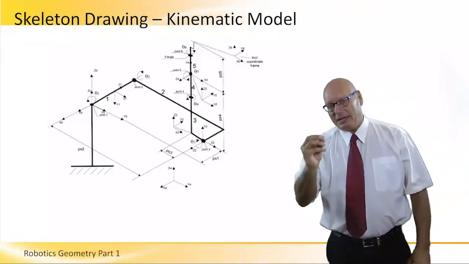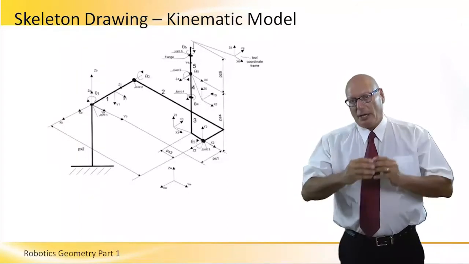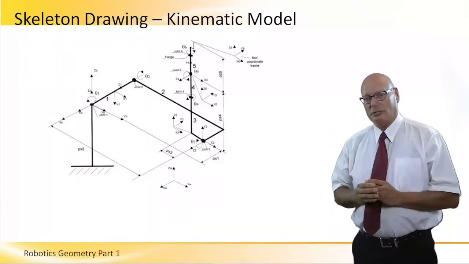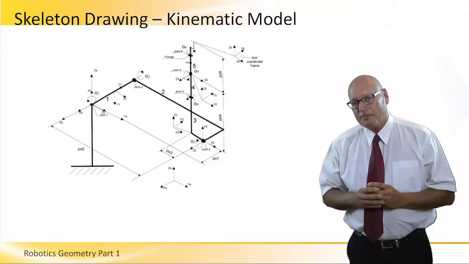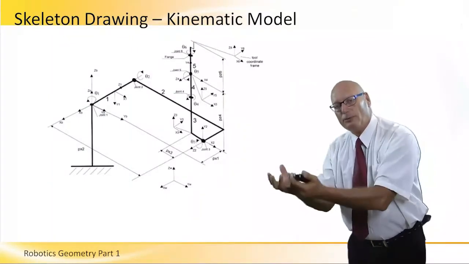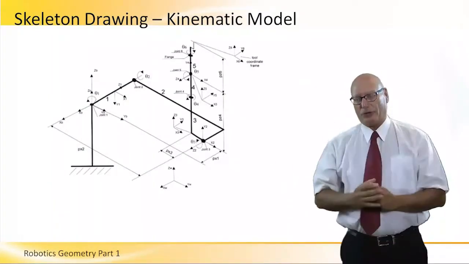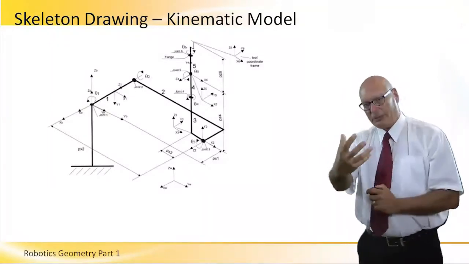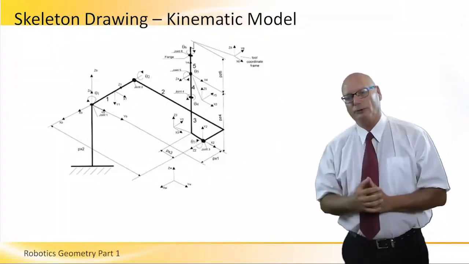And when we plan an operation, any industrial process using a robot, we basically convert the robot to a skeleton drawing. This is the first time in our seminar that we look at the skeleton of a robot.